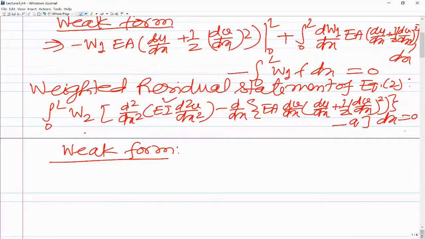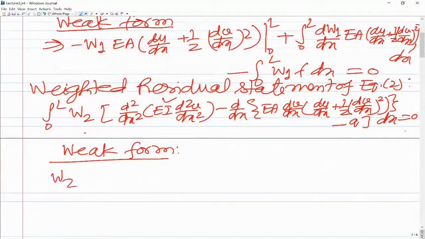Whereas the second term is minus w2 into d by dx of this EA term, so the highest order derivative will be second derivative. So we have to do the integration by parts only once for the second term to distribute the derivative between u, v and w2.